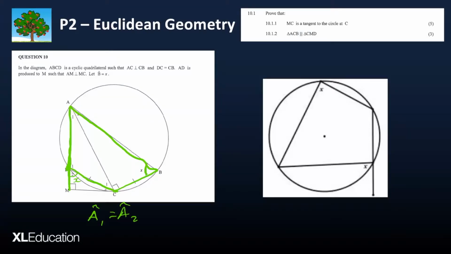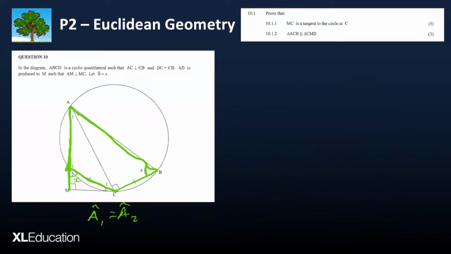And after that, you can also see that if you consider in triangle ABC, you can see that angle A2 is equal to 90 degrees minus x.